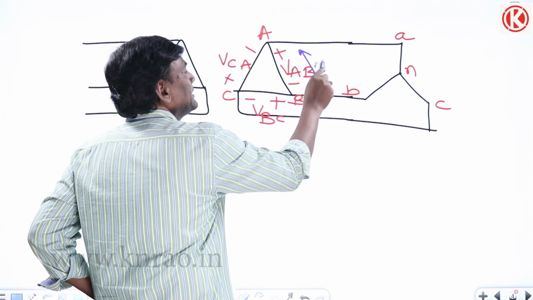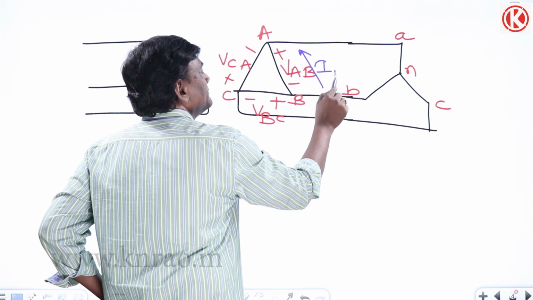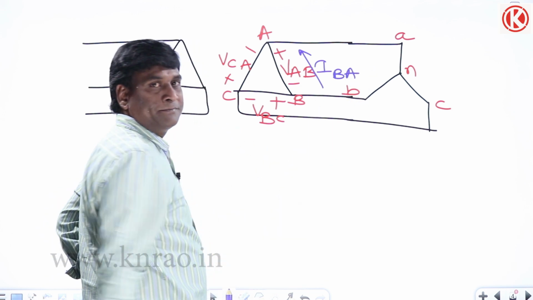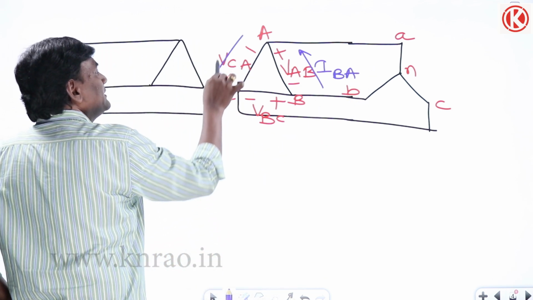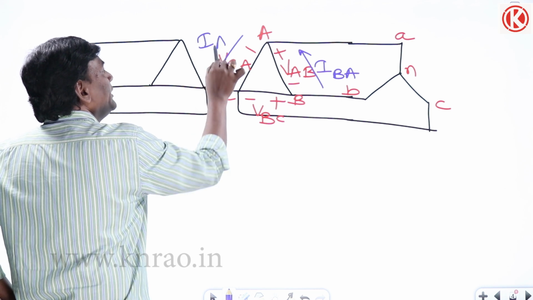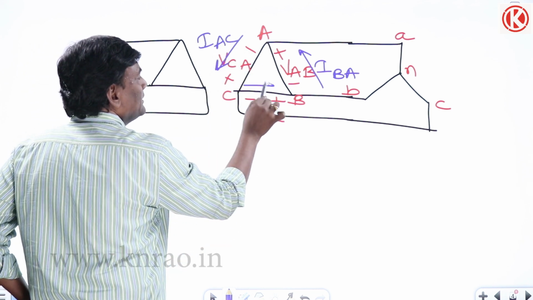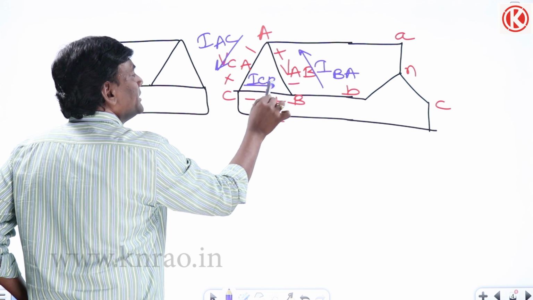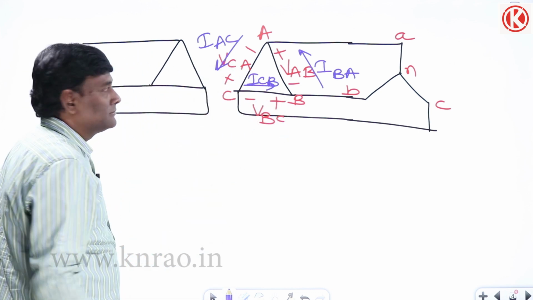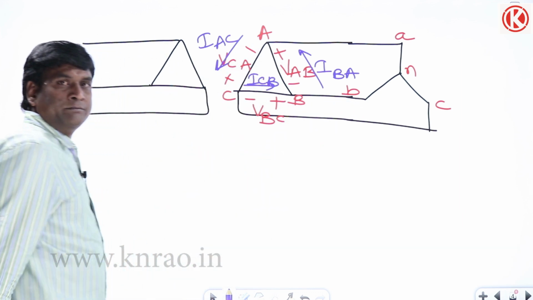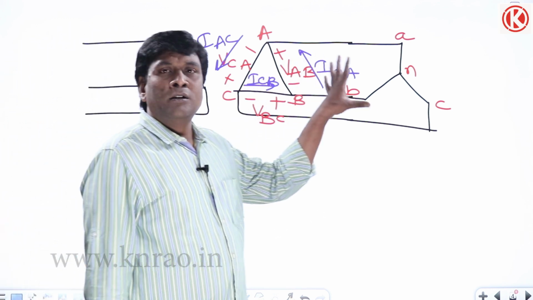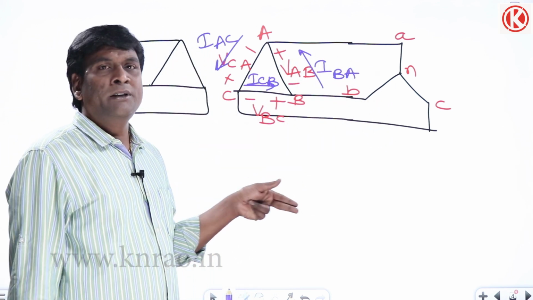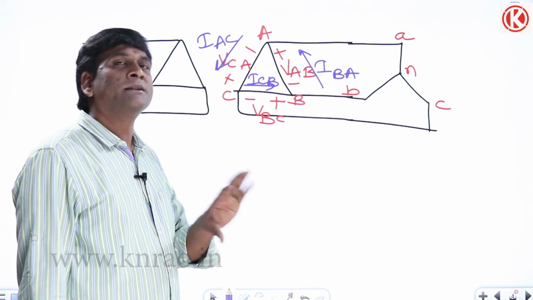That current is I, B to A. The current direction here is going to be I, A to C, and here I, C to B, such that VBC, ICB will come, and VAB, IBA will come because it is source. If it is load side, VAB, IAB, VBC, IBC, VCA, ICA will come.